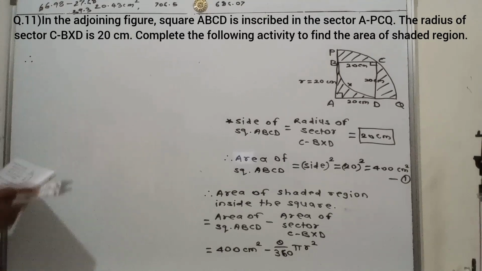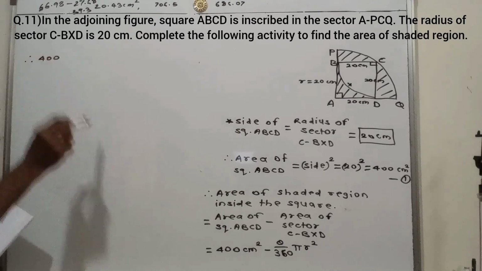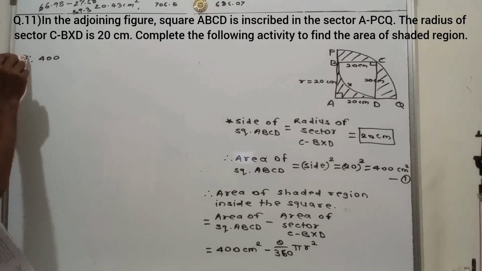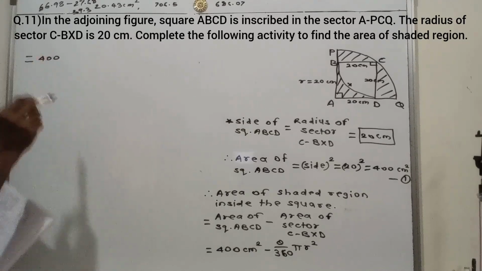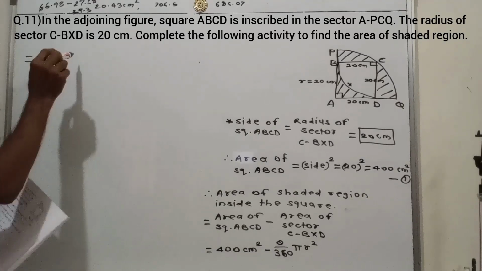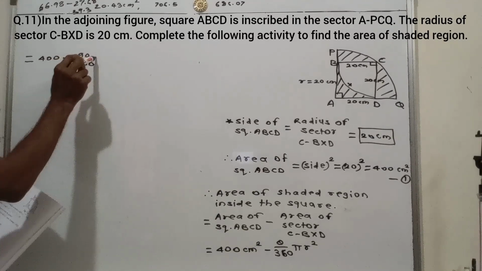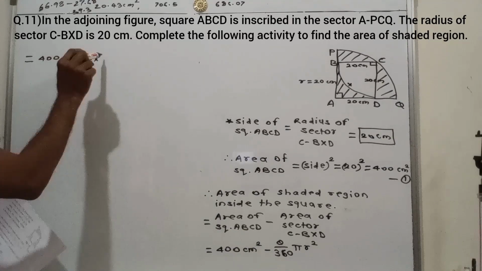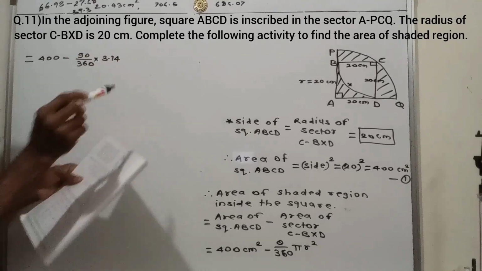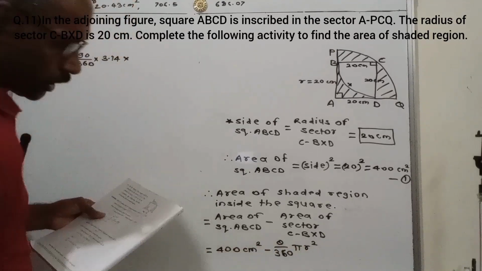Therefore area of shaded region is equal to 400 minus 90 upon 360 into value of pi, that is given 3.14, into r square.